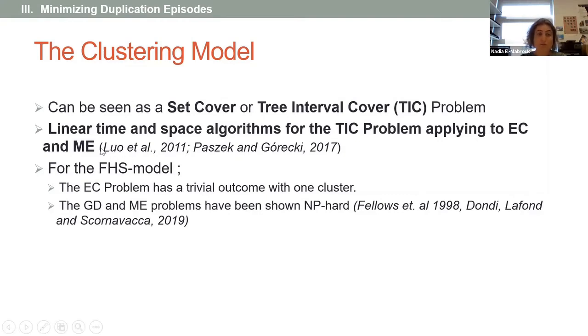As for the most relaxed interval model, the FHS model, the episode clustering has a trivial outcome with one cluster, while the gene duplication clustering and minimum episode models have been shown to be NP-hard.